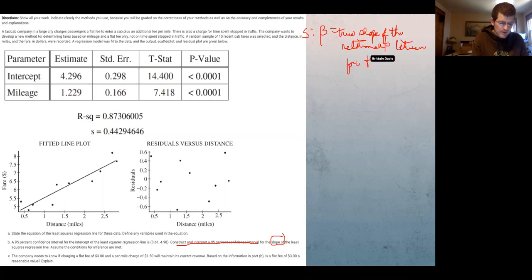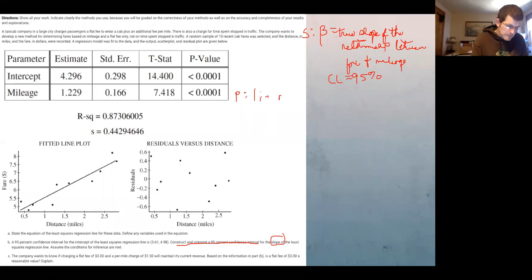So that's what I'm predicting. My confidence level is 95%. My plan is to do a linear regression t interval. Now right here, it says assume the conditions for inference are met.